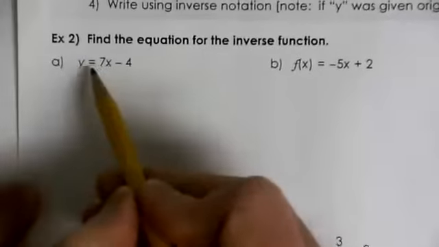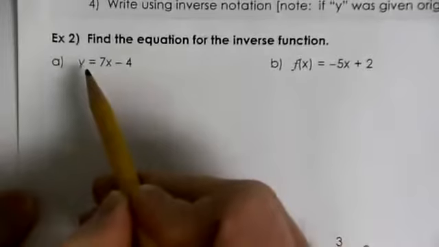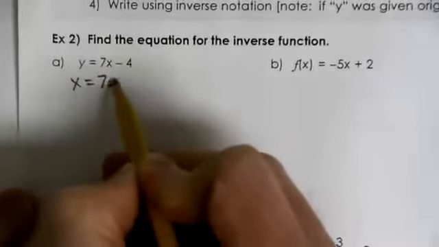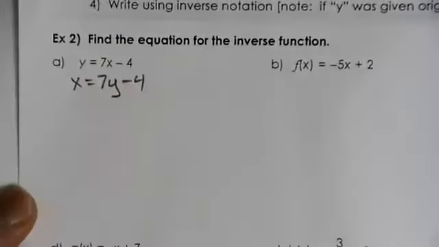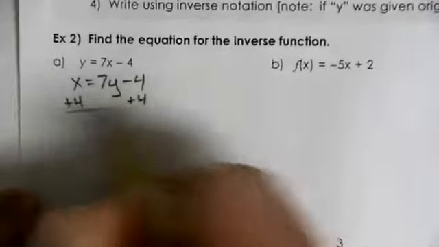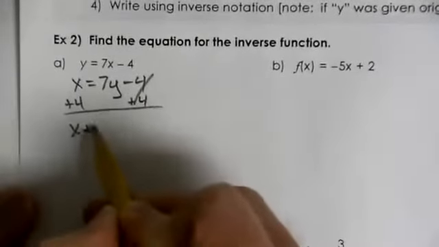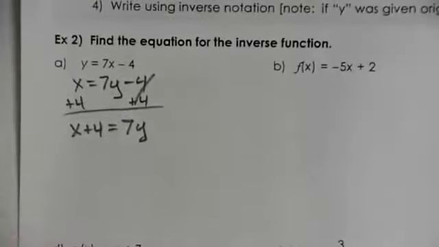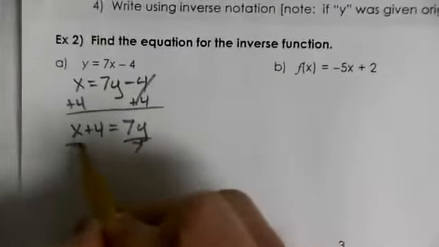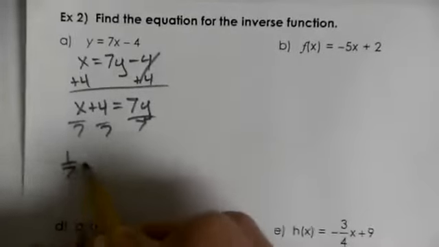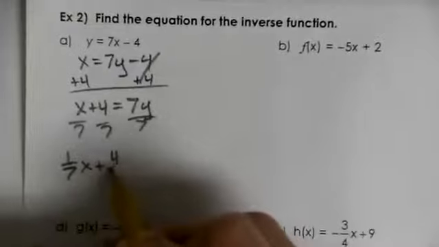So we're going to take our equation. It's already with y, so we're just going to switch the x and the y. Multiply the 4 because we're solving for y now. Then we're going to divide by the 7. So this becomes 1/7 x plus 4/7.